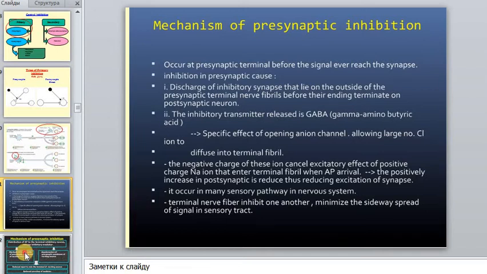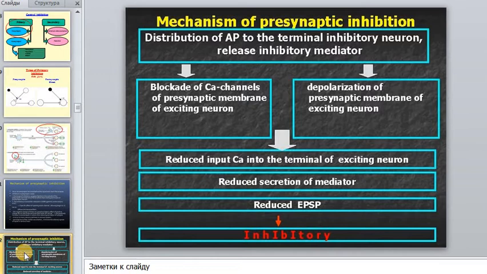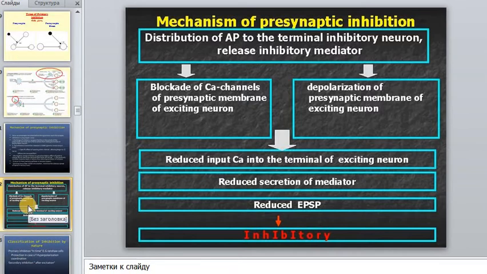And in general we see the same table like in the previous postsynaptic inhibition. We have the mechanism of presynaptic inhibition: distribution of the action potential to the terminal of the inhibitory neuron, release of the inhibitory mediator, and here we see the blockade of calcium channels of the presynaptic membrane of the excitatory neuron in a synapse.